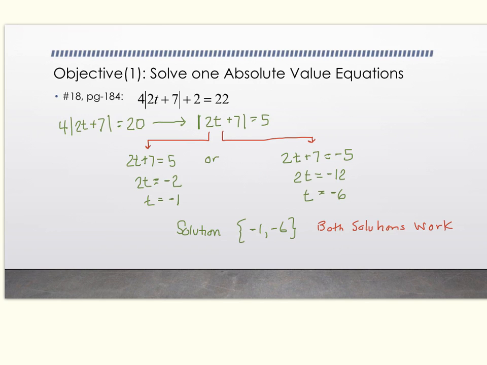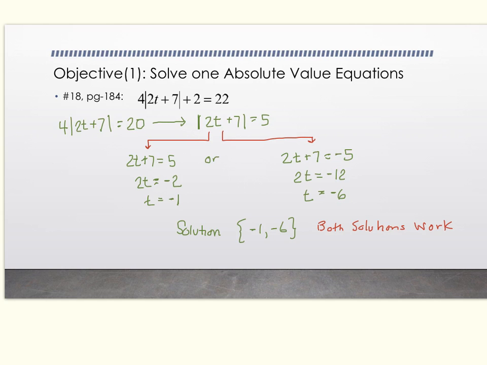Our first problem and objective is number 18 on page 184, and it's to solve one absolute value equation. So in this case, the first idea is to isolate the absolute value on one side of the equation.